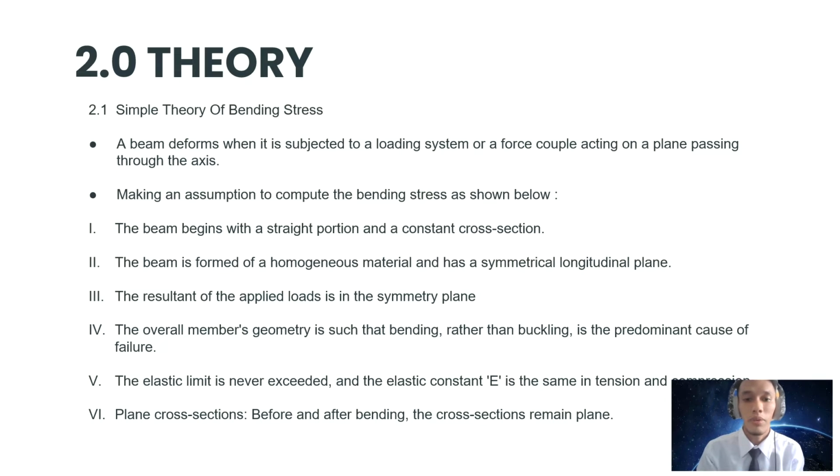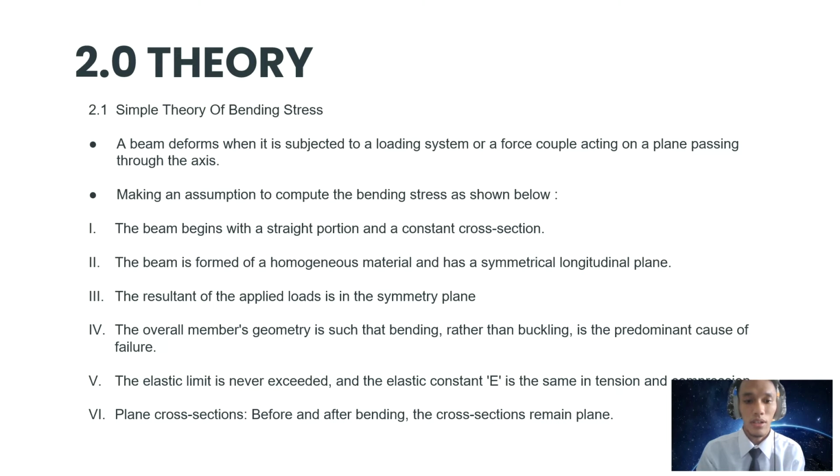First, the beam begins with a straight portion and a constant cross-section. The second is the beam is formed of a homogeneous material and has a symmetrical longitudinal plane. Third, the resultant of the applied loads is in the symmetry plane.